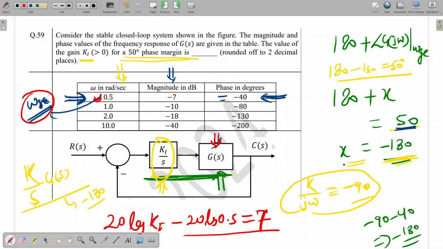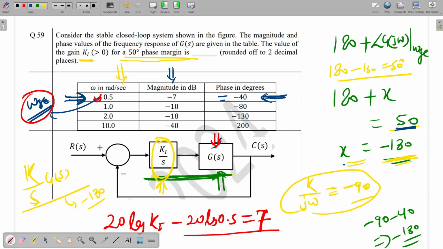So it will be 7 plus 20 into log 0.5. How much? 0.979. Is it clear up to now? So from here we can find the value of K. What will be the K value?